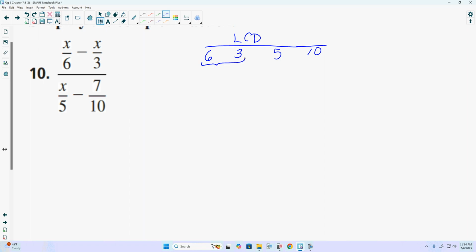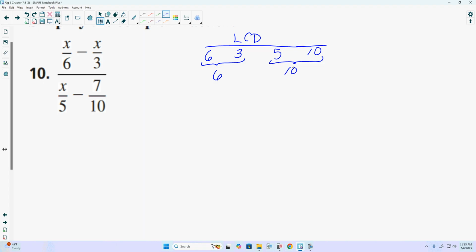What's the first number I can turn 6 and 3 into? 6, because 3 times 2 is 6. So the first number I can make both 3 and 6 into going up is 6. And for 5 and 10, it is 10.